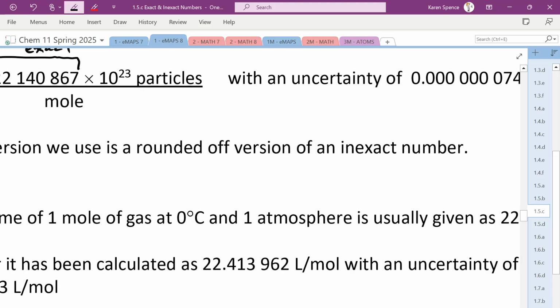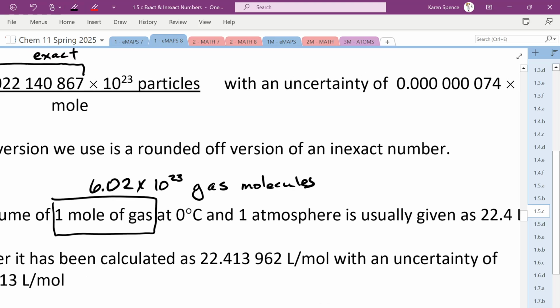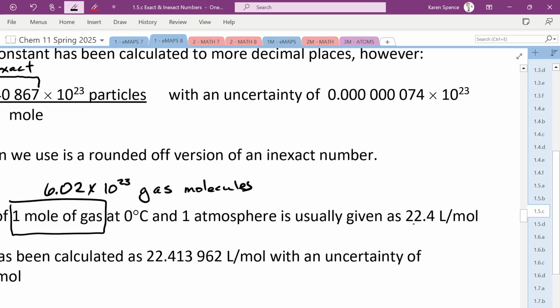1 mole of a gas, that is 6.02 times 10 to the 23 gas molecules. At 0 degrees Celsius and 1 atmosphere it takes up 22.4 liters of space.